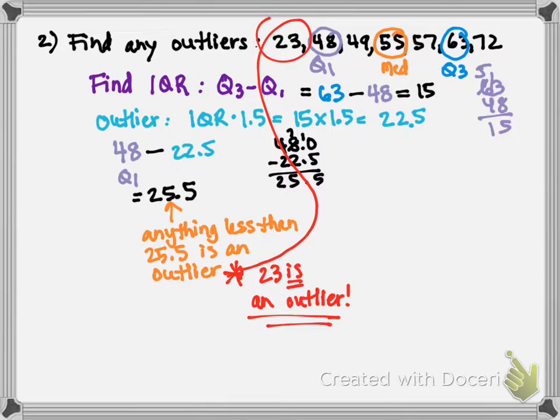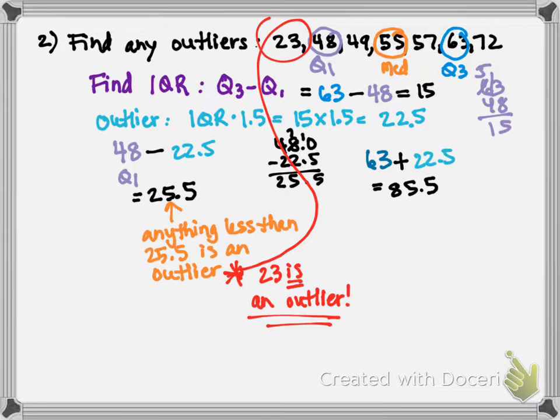Okay, well, let's see if we have a second one. So how we do the second one is we take our quartile 3, which was 63, and this time we're going to add the 22.5 and see what we come up with. So when we add that, we get 85.5.